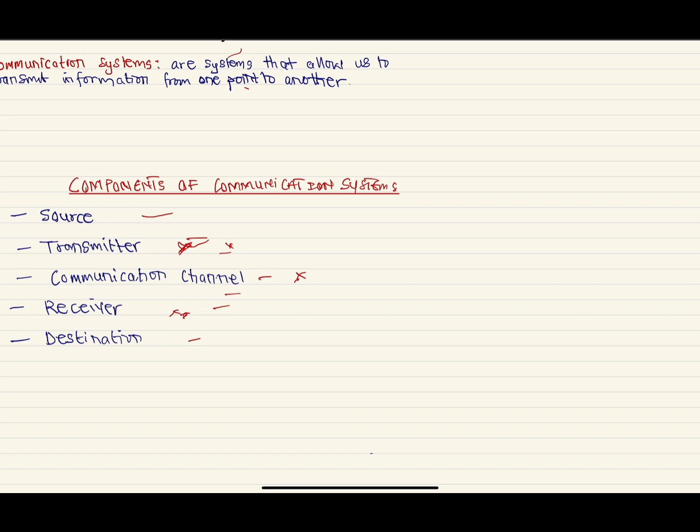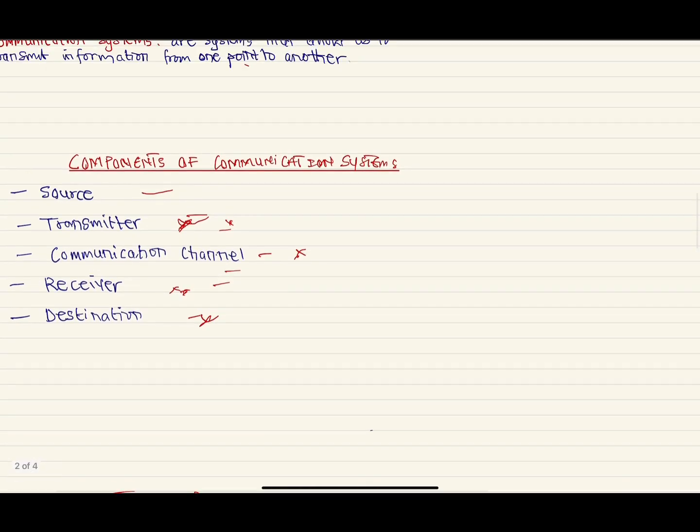And the last one that I want us to talk about is the destination. When you have a source, a transmitter, a communication channel, and a receiver, you need a destination. Where are you sending it to?